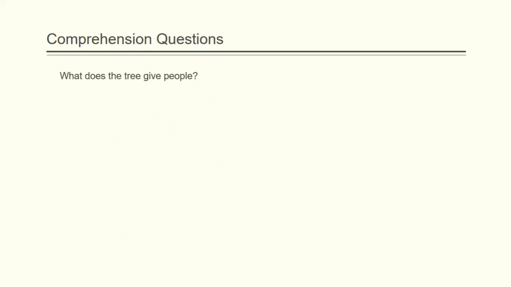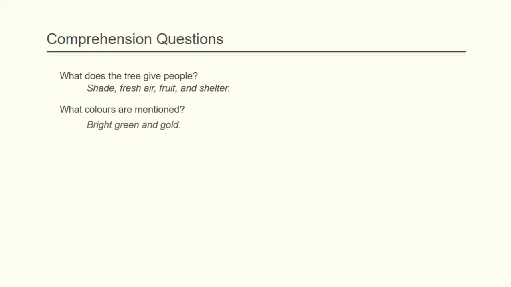What does the tree give people? So the tree gives us shade, fresh air, fruit, and shelter. What colors are mentioned in the poem? Bright green and gold.